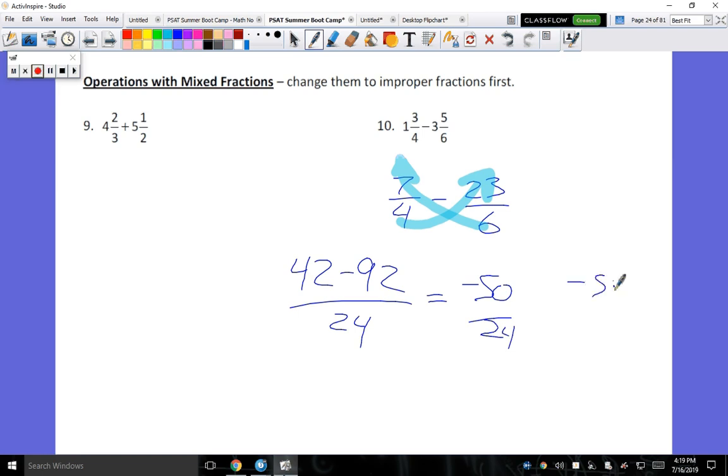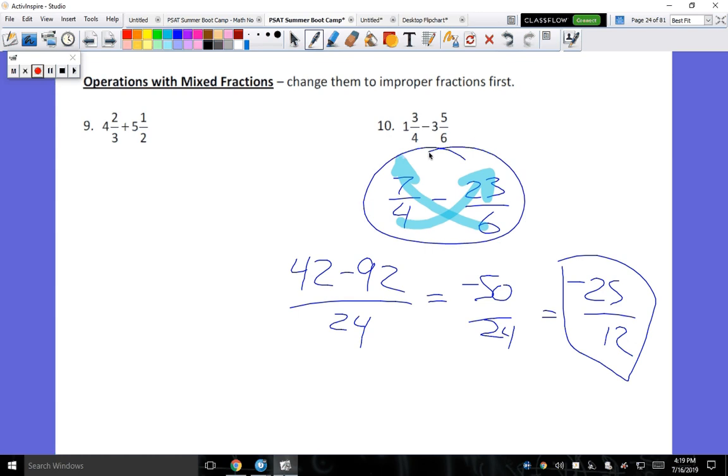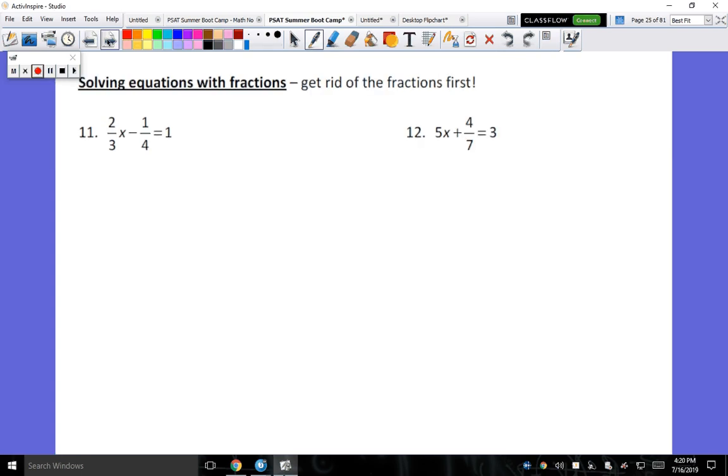Now, let's see if you noticed this. This is the first problem that we actually had to think about, can you reduce it at the end? So FYI, if you do my little shortcut, it won't always give you the lowest denominator. You have to ask yourself, is it reducible then? Okay? Just FYI. 11.